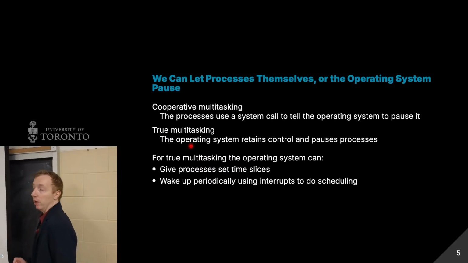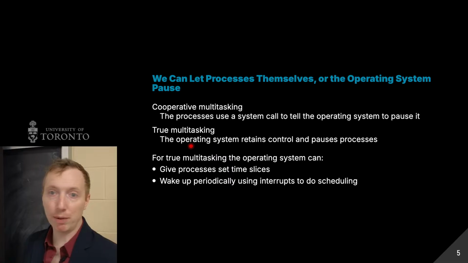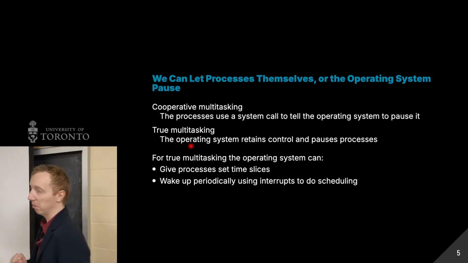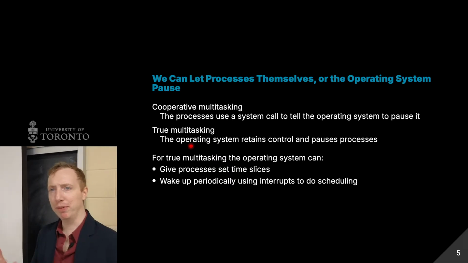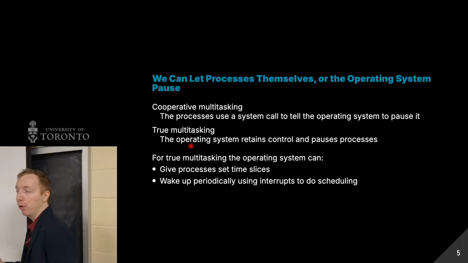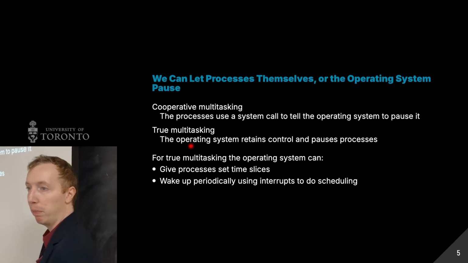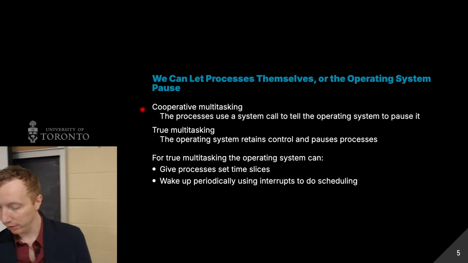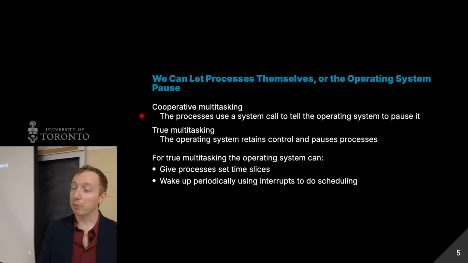So there's 2 different ways operating systems can actually maintain control. We can let processes manage themselves and figure out when they should run, or have the operating system pause them and have the operating system or the kernel maintain control. So there's something called cooperative multitasking.